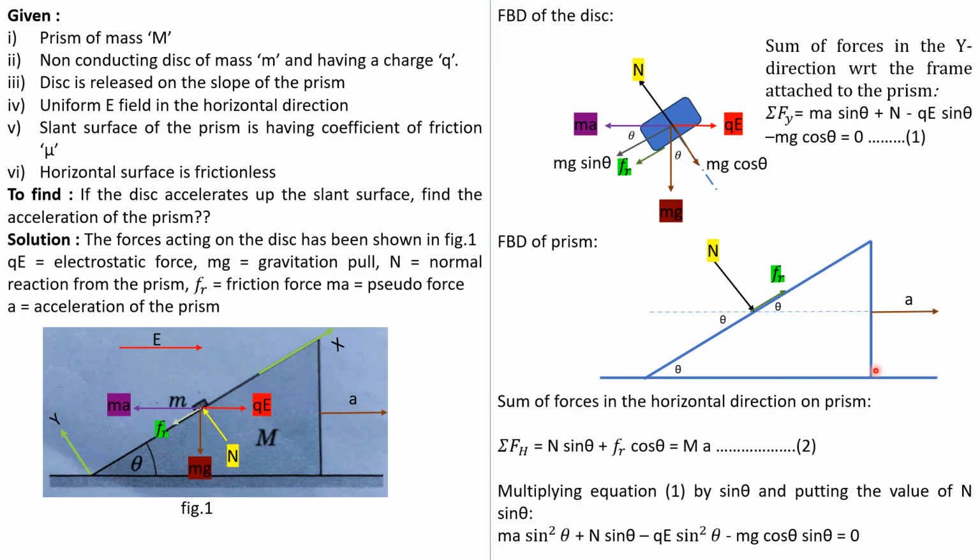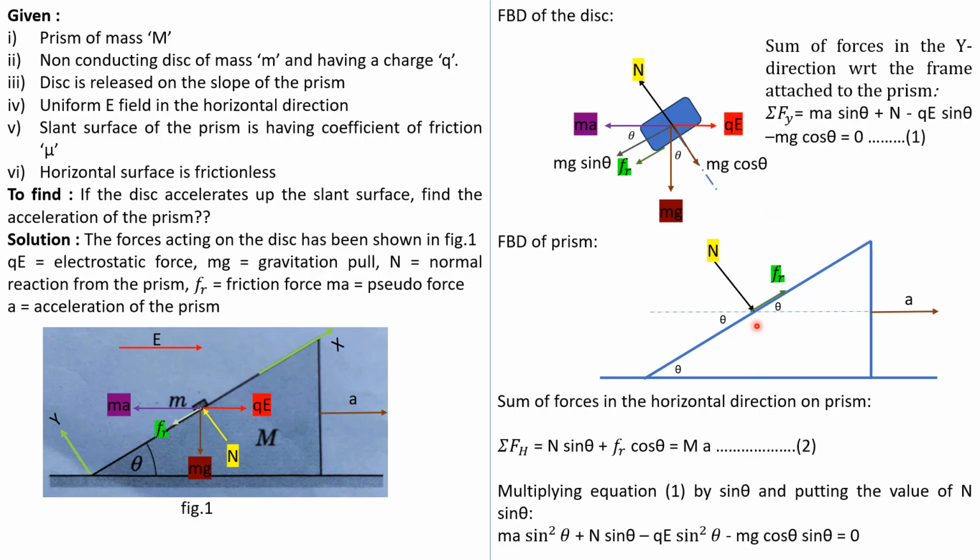This is the free body diagram of the prism. Which all forces will act on this prism? Prism is offering a normal reaction force on the disk. So disk, as per Newton's third law, will exert a force N on the prism in this direction as shown in this diagram. Friction force on the disk by the prism is in this direction.